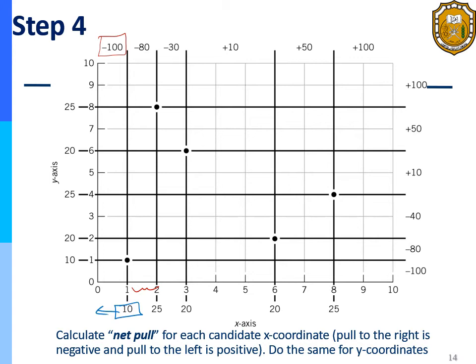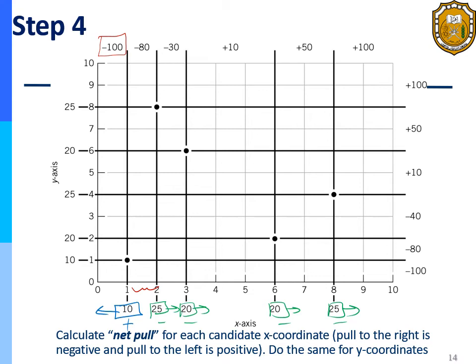What about the right one? This is to the right, this is to the right, this is to the right, and this is to the right. And these are pulling that towards right. Pulling towards right has a sign of negative, and pulling towards left has a sign of positive.